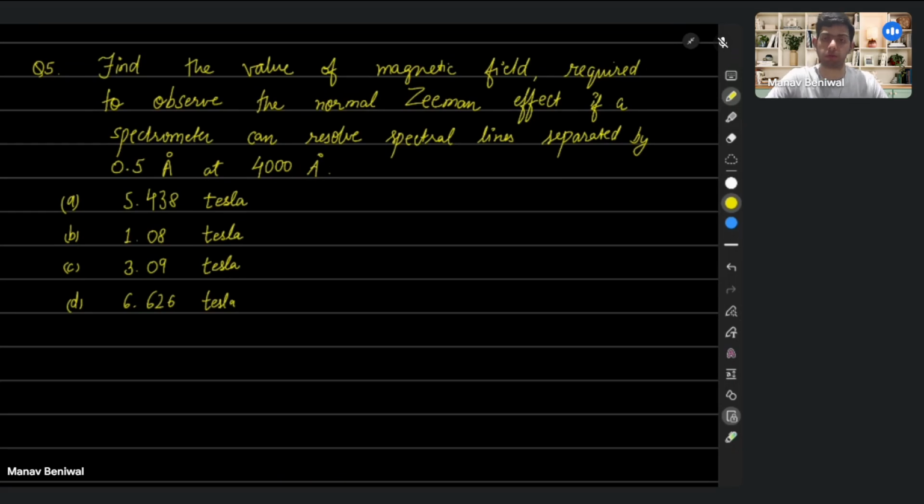Now in this problem, things have changed. The shift is given to us as 0.5 angstroms, and the wavelength is given to us as 4000 angstroms, and the question is asking us to estimate the magnetic field which is causing this Zeeman splitting.